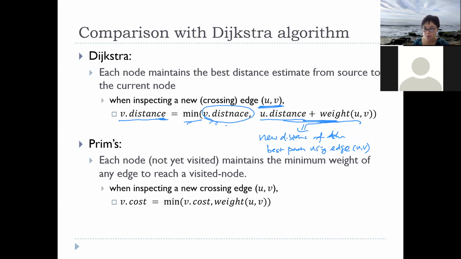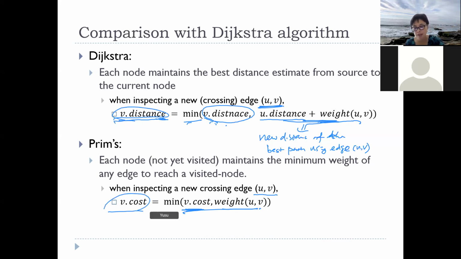While in Prim's algorithm, you're maintaining the cost at each node, which is updated when you check a new edge UV. It's basically whatever the previous cost was versus the weight of the new crossing edge to reach V, whichever is smaller. So it's easier to update, but both of these updates take constant time. So the total time complexity of the two algorithms is the same asymptotically, because the algorithms are so similar that this is pretty much the only difference.